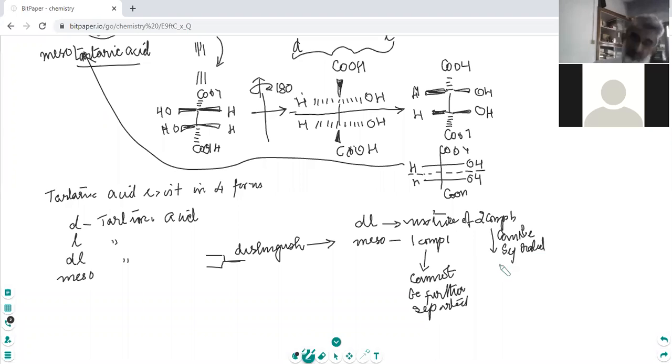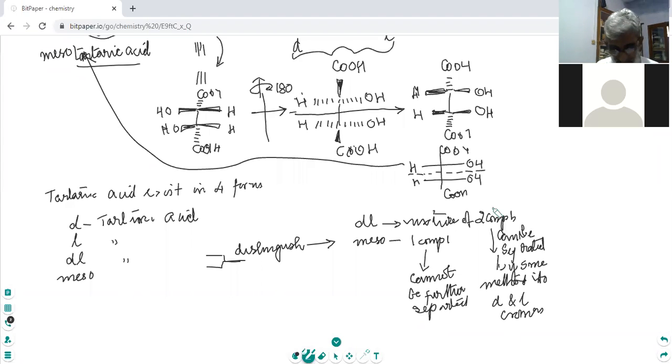It can be separated into D and L isomers. So the one which can be separated into D and L, you call it as DL mixture, and the one which cannot be separated is known as the meso compound. So this is how you distinguish between meso compound and DL mixture.